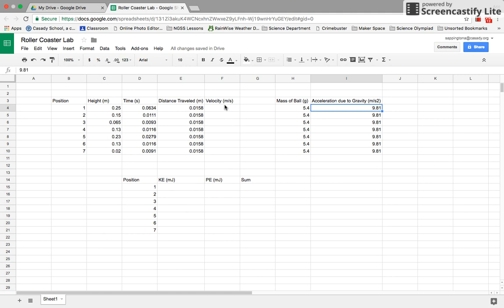So now we've got to tell the spreadsheet to do this calculation. Remember, velocity is the distance that the marble traveled, which is its width, divided by the time that it took. So we're going to tell it it's a calculation. So we do the equal sign. We want to take this value and divide it by this value, and we hit return, and that'll give us our answer.